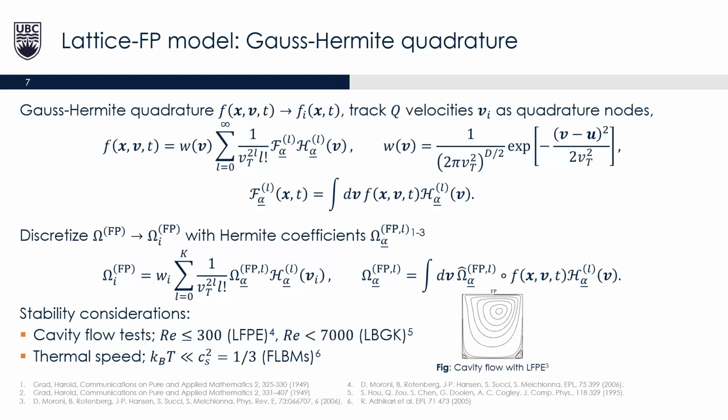And it was previously done for a simpler setting than what I've done, again by Moroni et al. Here, they did this cavity test that I've talked about before, but they showed that the stability for the numerical scheme they used and this particular discretization was not the best.